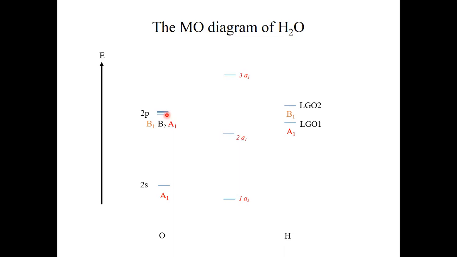So it should be higher than the 2p orbital with the symmetry type A1. Okay, so how much lower and how much higher, we do not know exactly. We just make a reasonable estimate here based on how strongly the orbitals interact according to the orbital overlap criterion and the energy criterion.